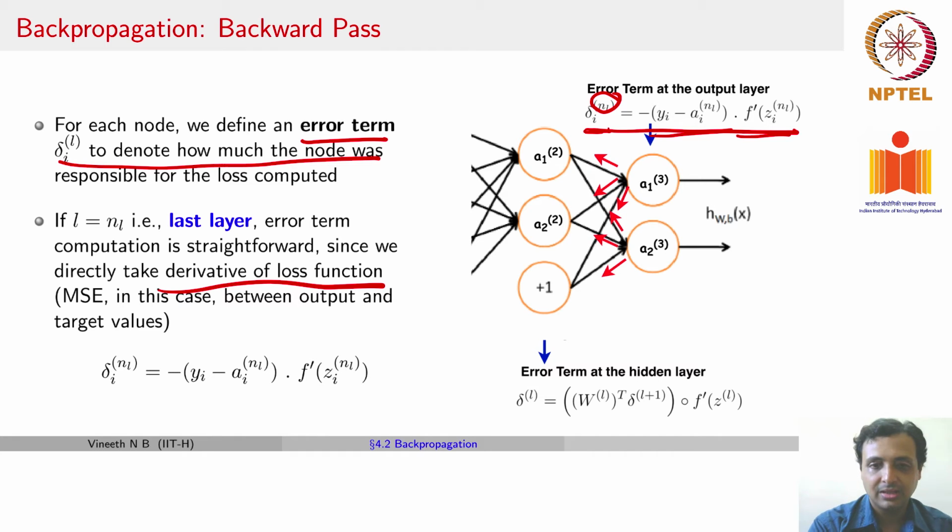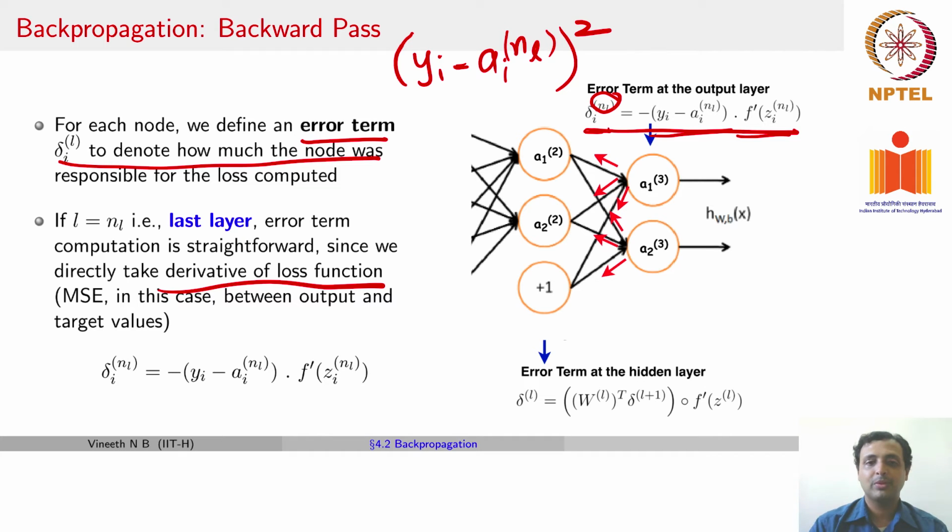So in our case, it's going to be half of (y_i minus a_i), where a_i is your final layer's output after applying the activation function, whole square. And remember, we said we'll have a half for convenience. When you take a gradient of this with respect to a_i, you're going to have minus 2 and the 2 would get cancelled, and you would have minus (y_i minus a_i^(N_L)). That would be your gradient of the mean square error.